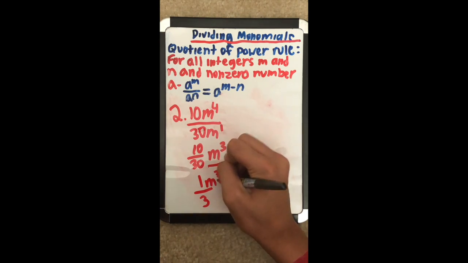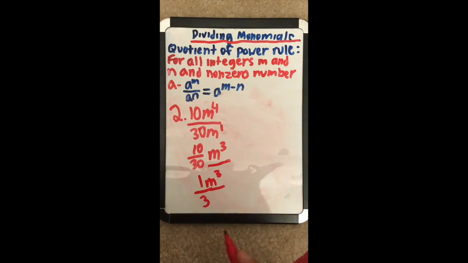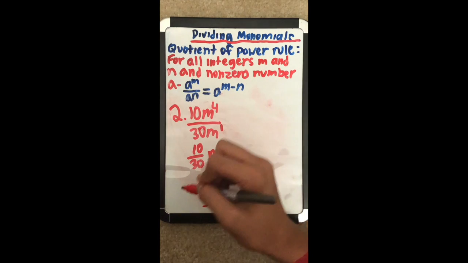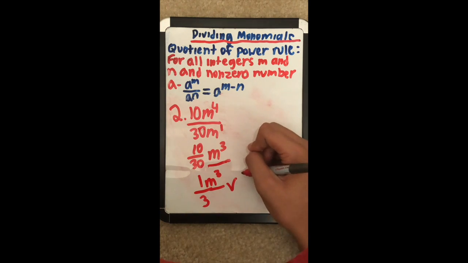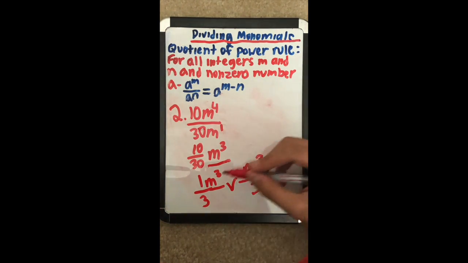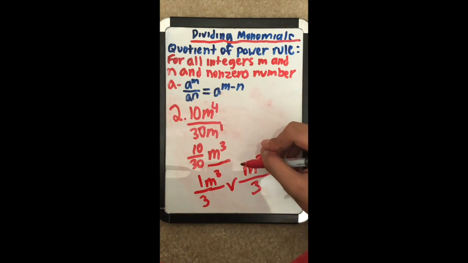If it's negative, you want to bring it to the bottom every single time. So always note that. You can write this, but the most common answer and the most professional answer is just m to the power of 3 over 3, because there's no need to write the 1, since we already know the m has a coefficient of 1.